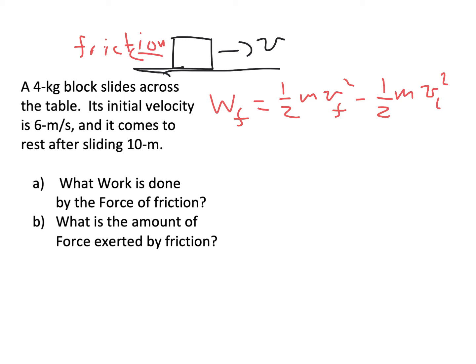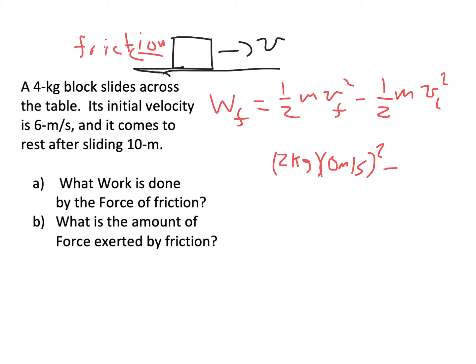Now, the 1/2 m in each case is going to be 1/2 times 4, which is 2. So I'm going to have 2 kilograms times the final velocity, which is 0 meters per second, squared. Doesn't really matter because 0 is 0.